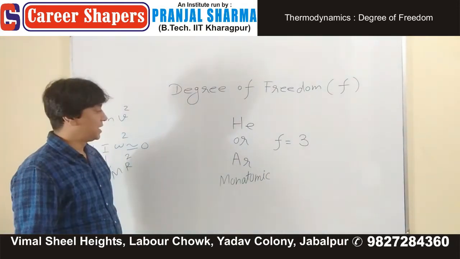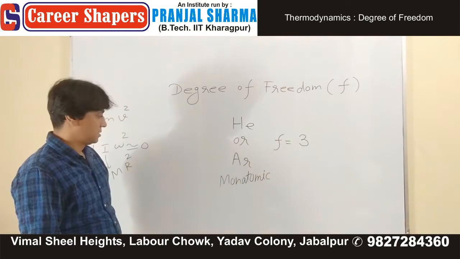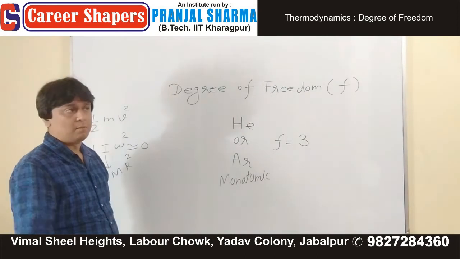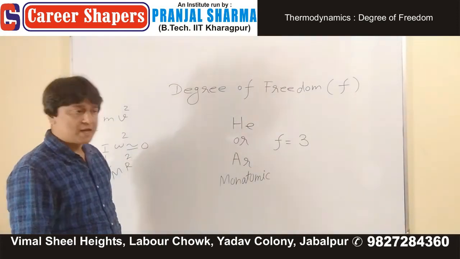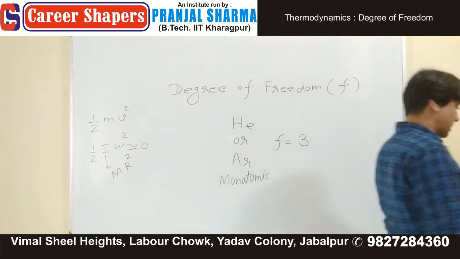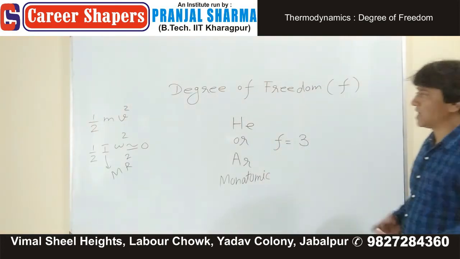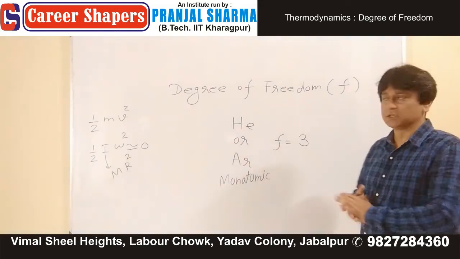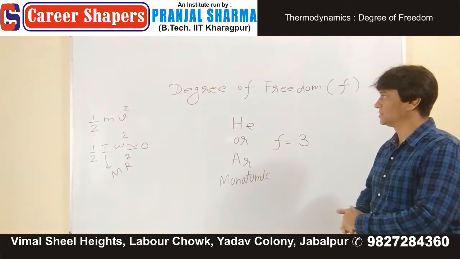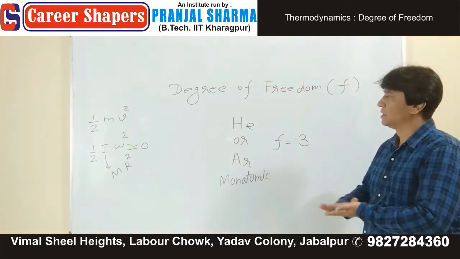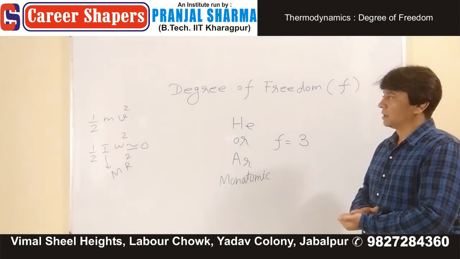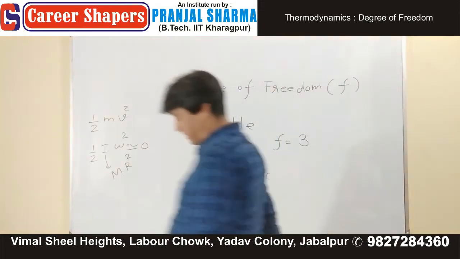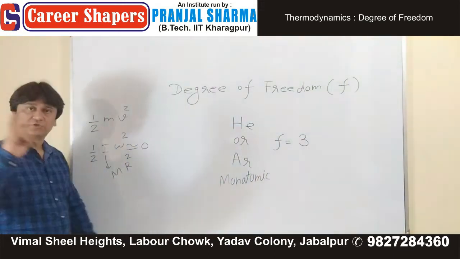Molecule of a monatomic gas can have its kinetic energy along the x-axis, y-axis and z-axis, and therefore its degree of freedom is 3.